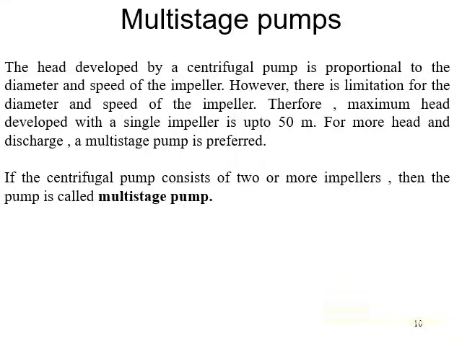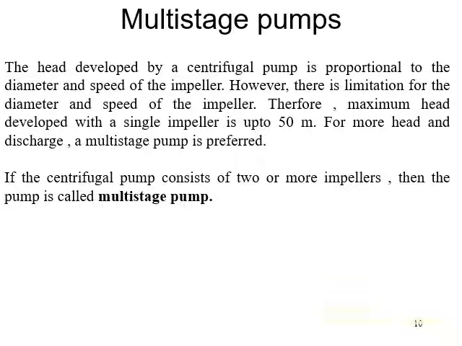Next, multi-stage pumps. The head developed by a centrifugal pump is proportional to the diameter and speed of the impeller. However, there is a limitation on the diameter and speed of the impeller. Therefore, the maximum head developed with a single impeller is up to 50 meters.